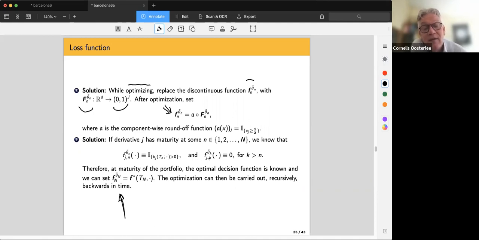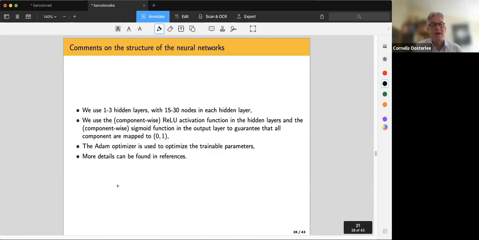If the final time is somewhere in the middle, which can happen when we're dealing with multiple contracts in our portfolio, then after that final time all the functions are equal to 0. So at maturity of the portfolio, the optimal decision function is known, and we can set that. Then the optimization is carried out recursively backward in time: we know it at final time, and we learn backward in time.